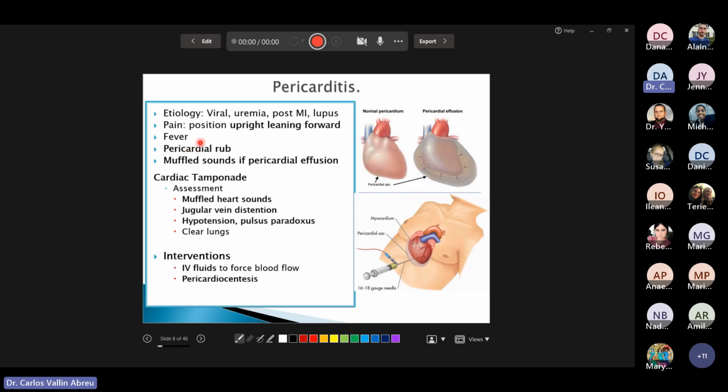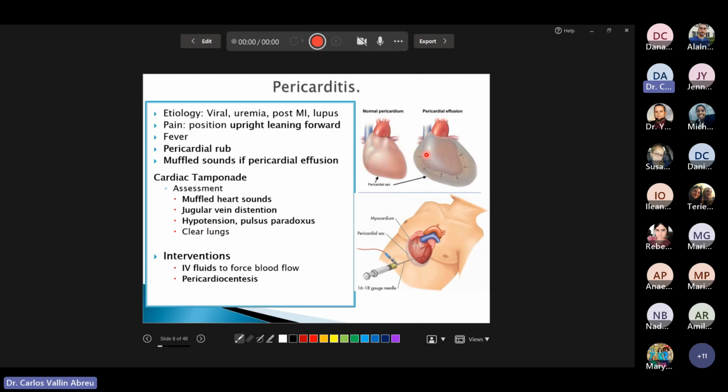So the client with acute pericarditis will have the pain. We have the history that predisposed to the pericarditis. The most common is viral. We'll have fever, probably. We'll have pericardial rub. So when you auscultate, you hear the two layers of pericardium sliding one over the other with the contraction of the heart.